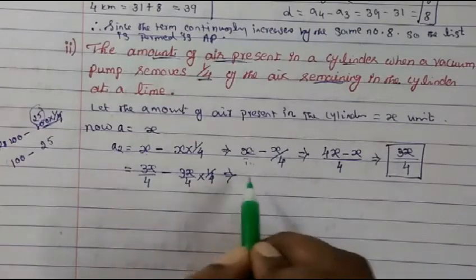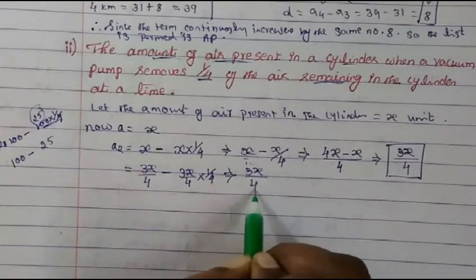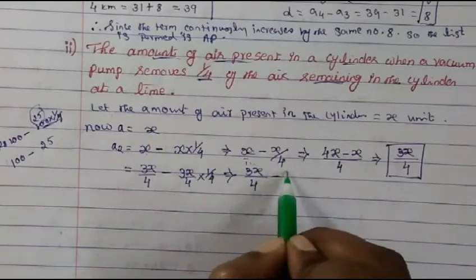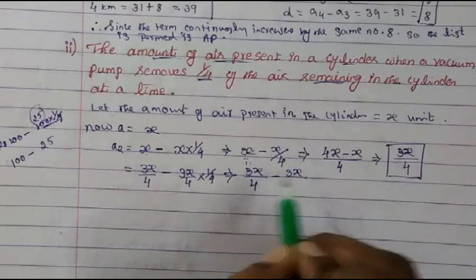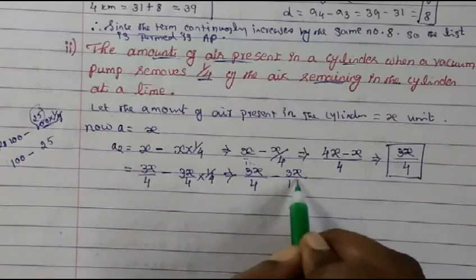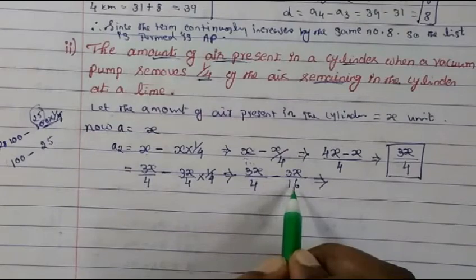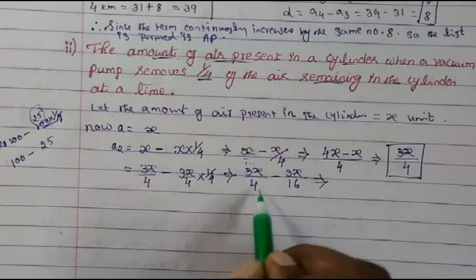So now 3x upon 4 minus 3x upon 16, since 4 fours are 16. Here we have 16 in the denominator, here we have 4.